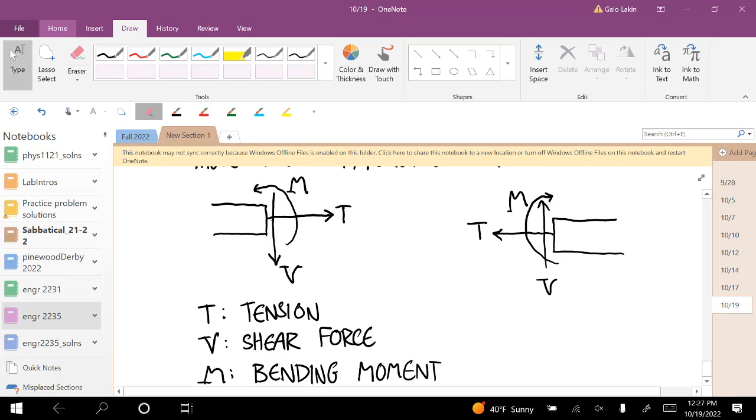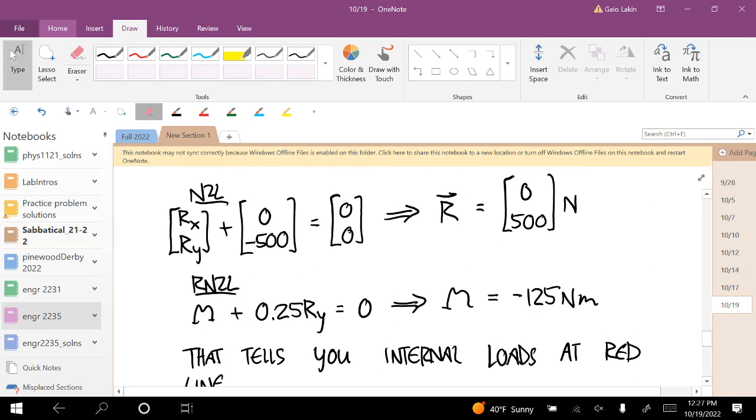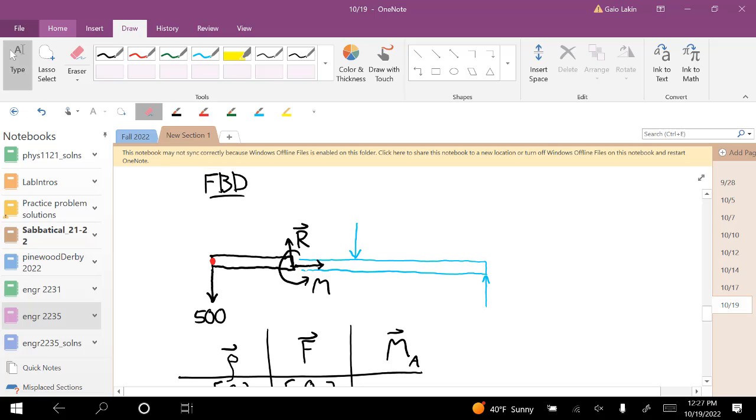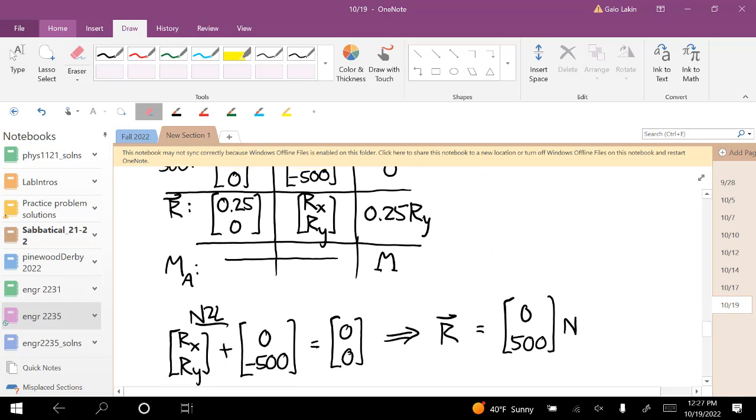Okay, so the take-home message of this is the basic idea: we're isolating just a piece of a body. We're treating the connection to the rest of the body as a fixed joint, and then calculating those reactions.